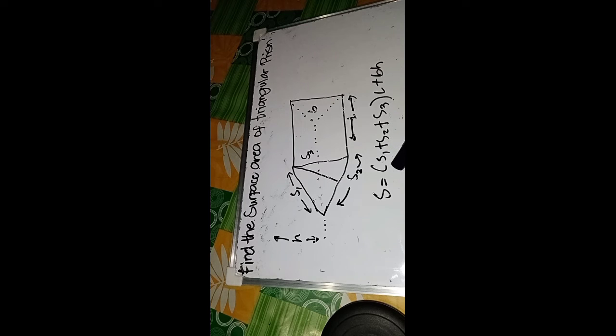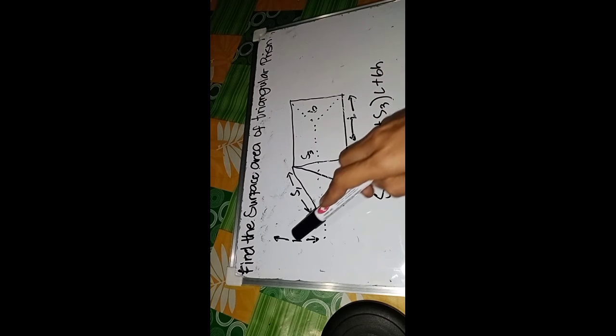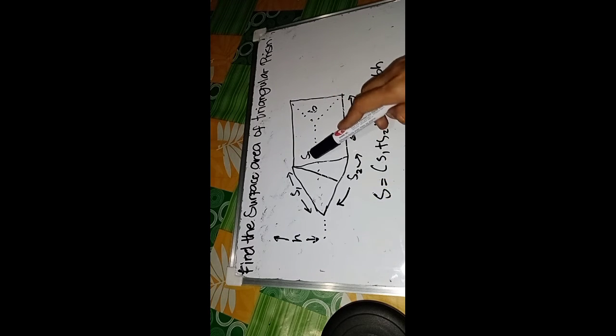Open parentheses, E sub 1 plus E sub 2 plus E sub 3, close parentheses, times length, plus base times height. B is the bottom edge of the base triangle. H is the height of the base triangle.